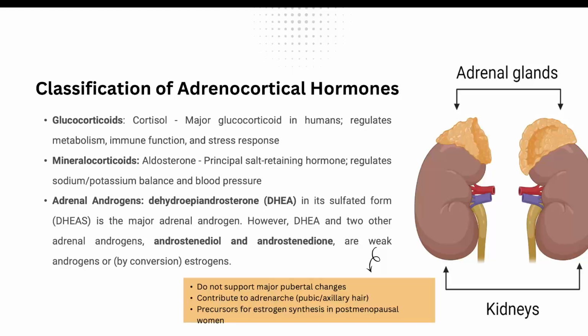Before menopause, estradiol is the predominant form, while after menopause, estrone becomes the predominant form. But if the adrenal androgen is normal, it gives rise to the synthesis of estradiol.